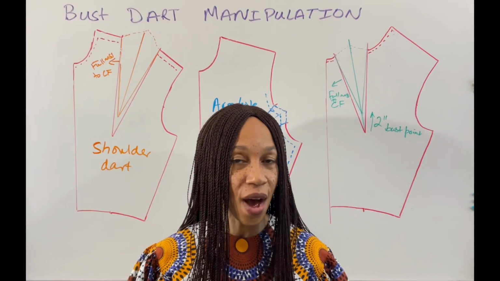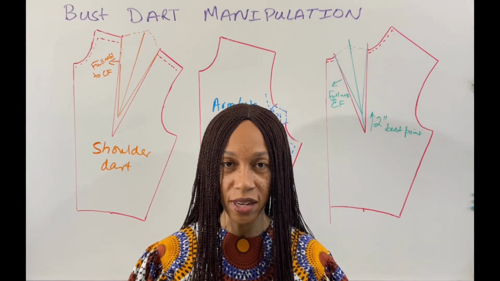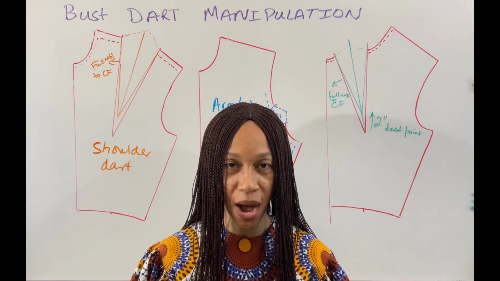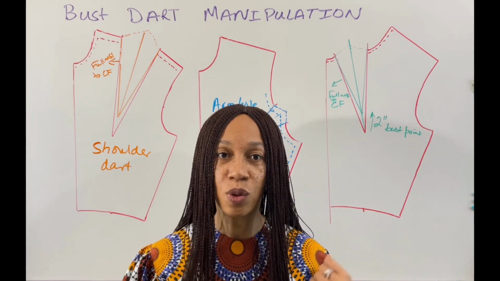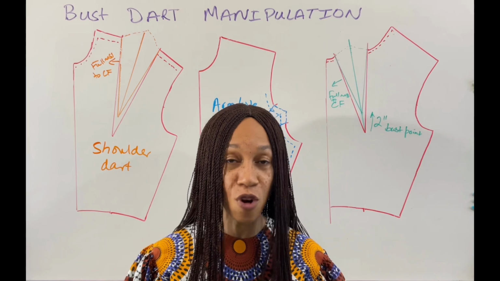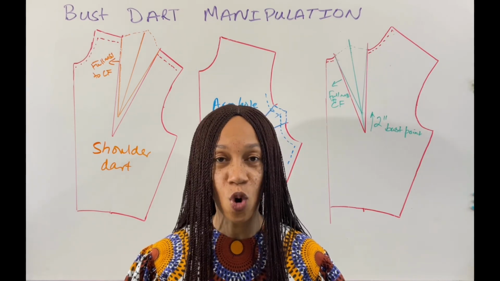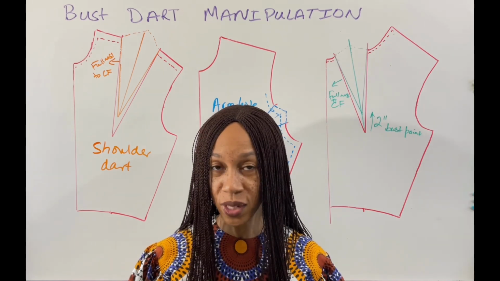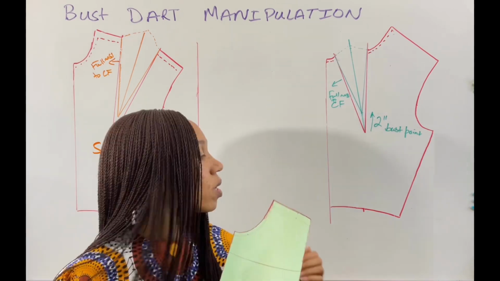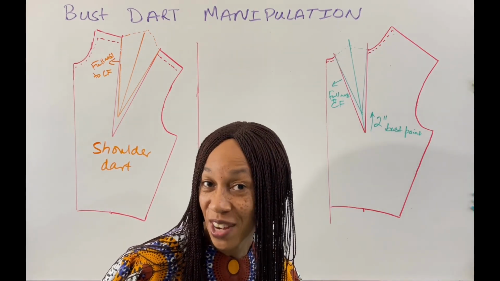Now that you know how to use one dart on a bodice pattern to manipulate it to create 4 other types of darts, I hope that you will do those and create various styles. I also want to share another secret with you.